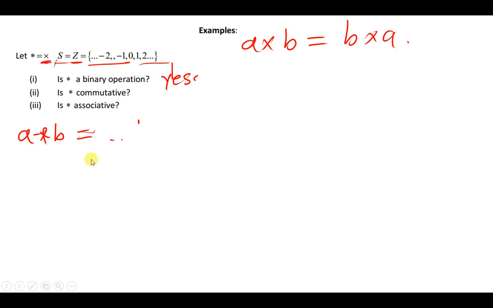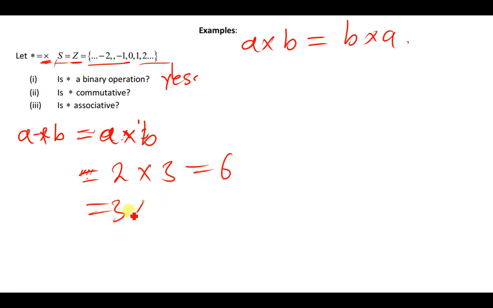So the 2 numbers that we're going to get, let's try to pick 2 numbers. Let's take, for instance, 2 and 3. So 2 times 3, the answer is 6. And what is 3 times 2?